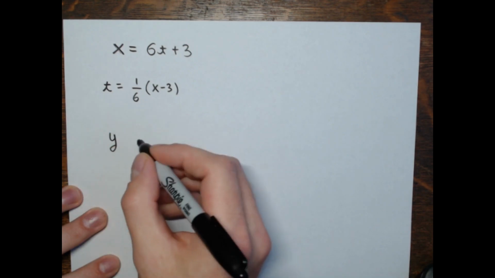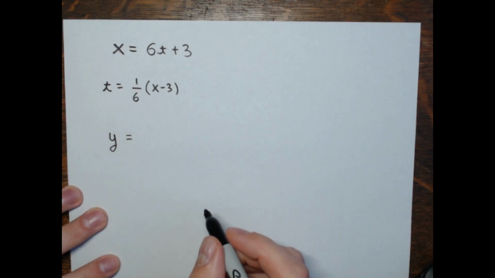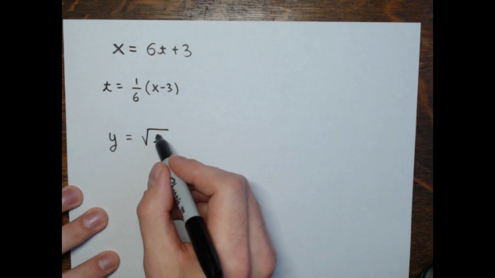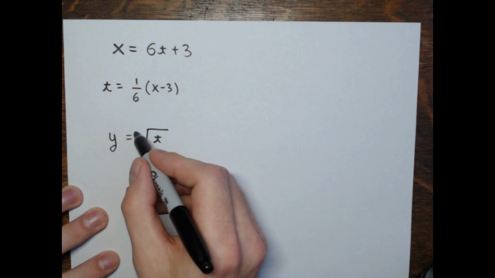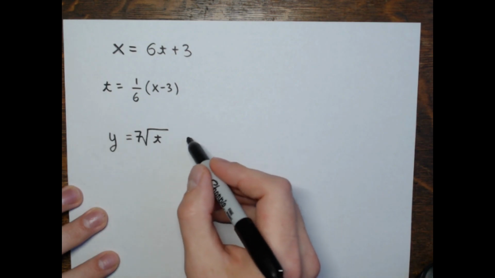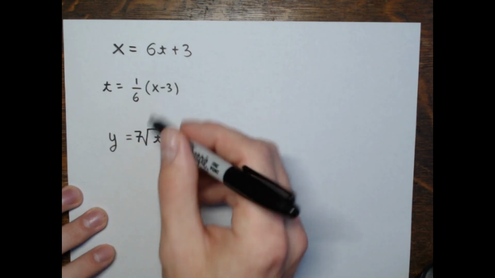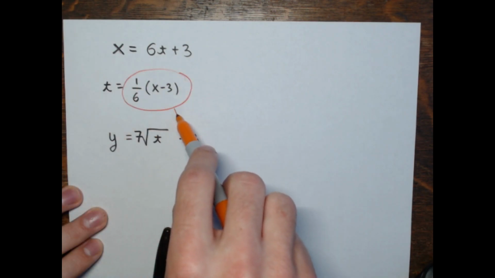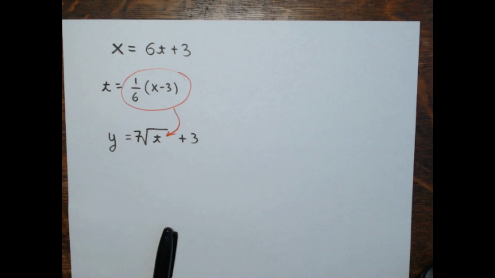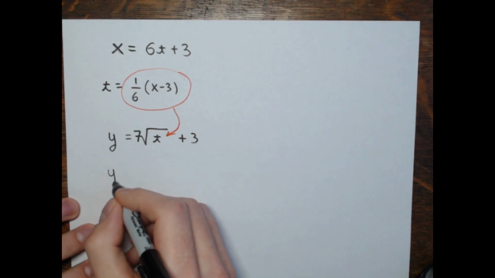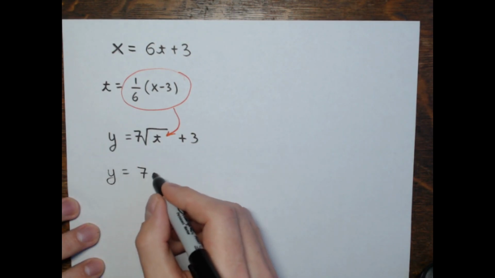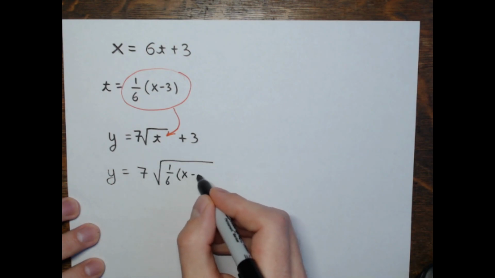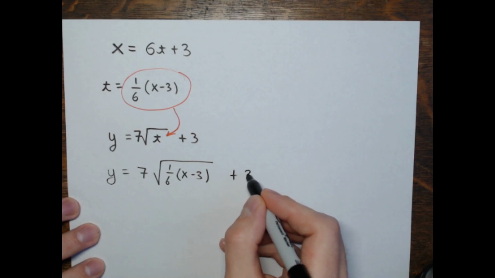And then y is 7 times the square root of t plus 3. And I make this substitution for t. So y equals 7 times the square root of 1/6 times x minus 3, and then plus 3 after.